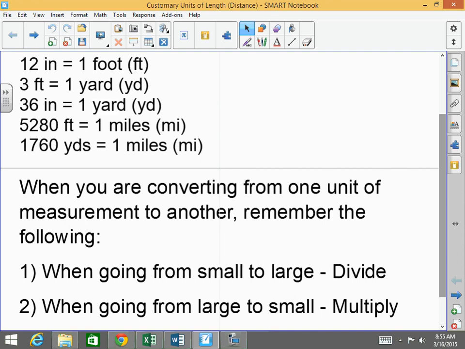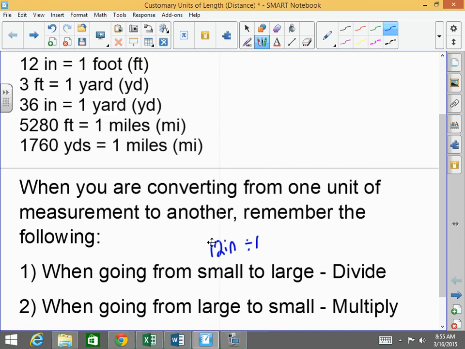How do I remember that? I always remember that like this. I know there's 12 inches in 1 foot, right? How did I get that? Divide by 12, and that gives me 1 foot. So small to large, you're going to divide by the conversion rate.